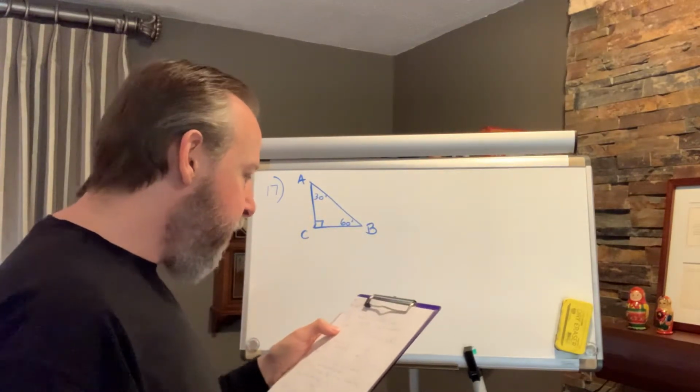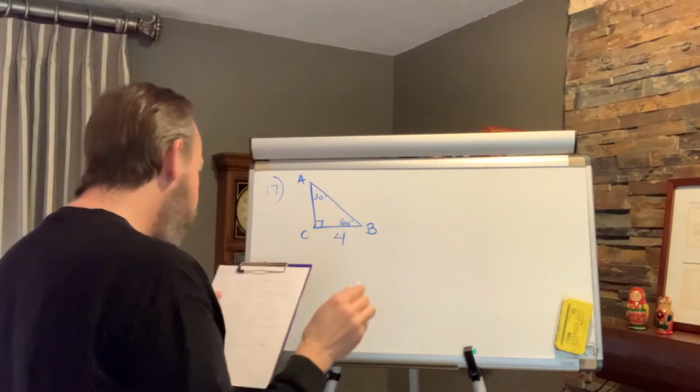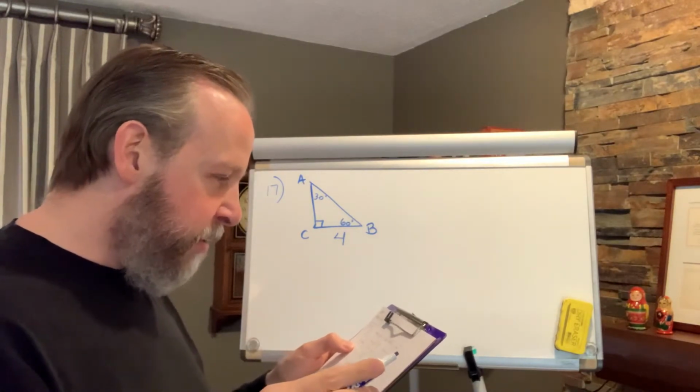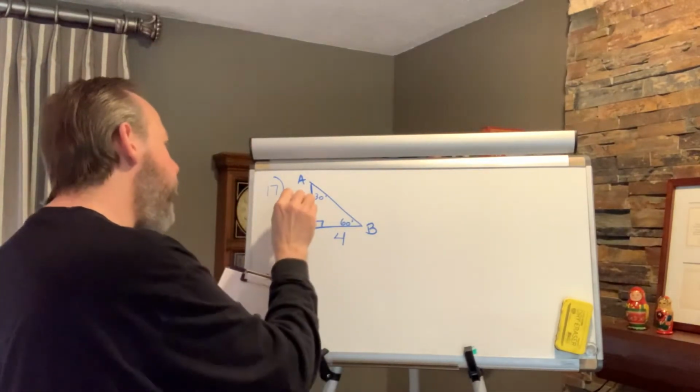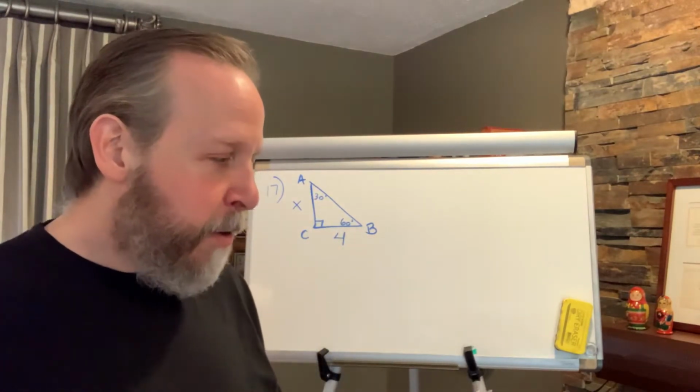And we were given that CB is 4. We're supposed to then figure out the length of AC. That was the goal. All right. So we've got to figure out what AC is.